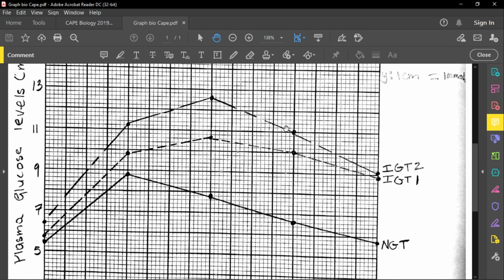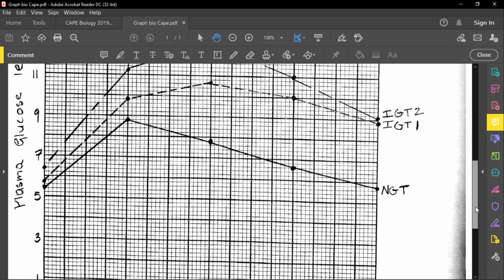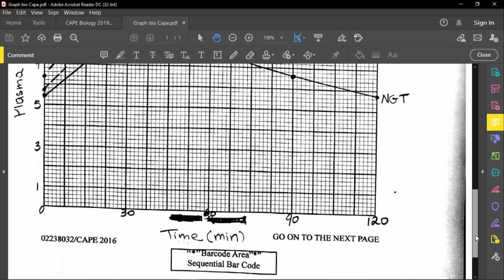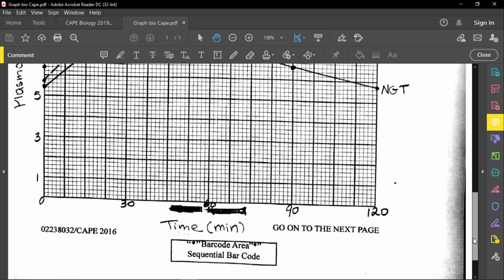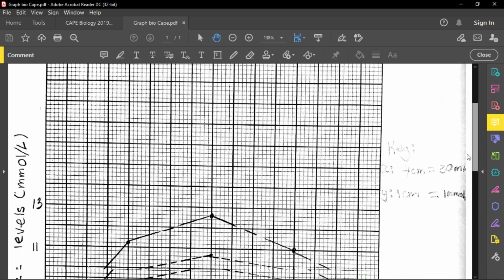Again, just to point out, you must use fine points to join your coordinates, and also straight unbroken lines. The line's supposed to be smooth and not broken. So you use your ruler to make those proper drawings to make sure you have continuous lines that are fine lines. All right, again, to emphasize that your axes must be labeled properly and well identified.